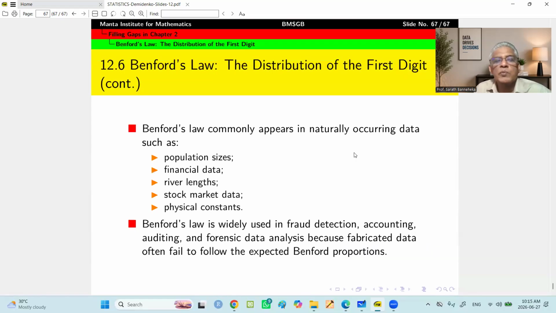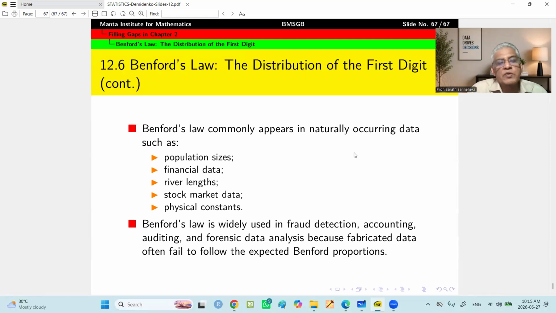Benford's law commonly appears in naturally occurring data like population sizes, financial data, prevalence, stock market data, physical constants, and so on.